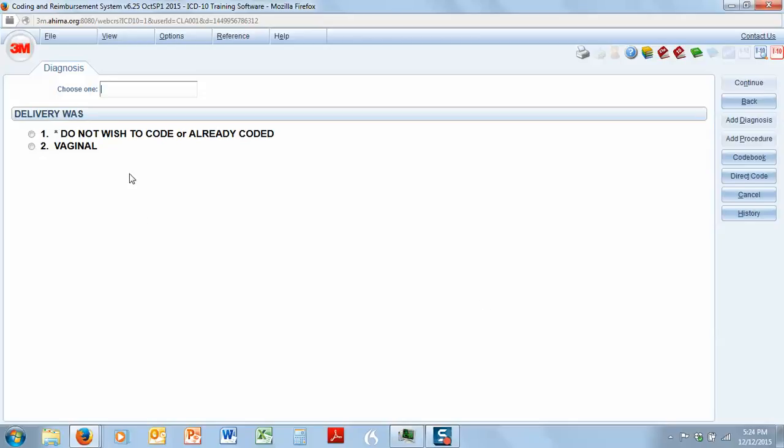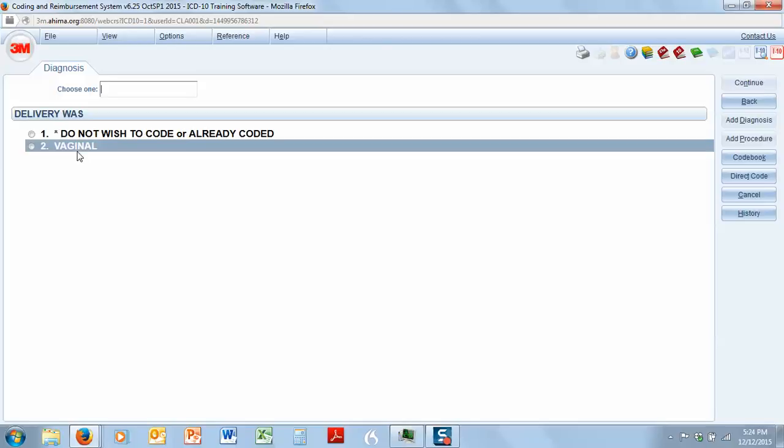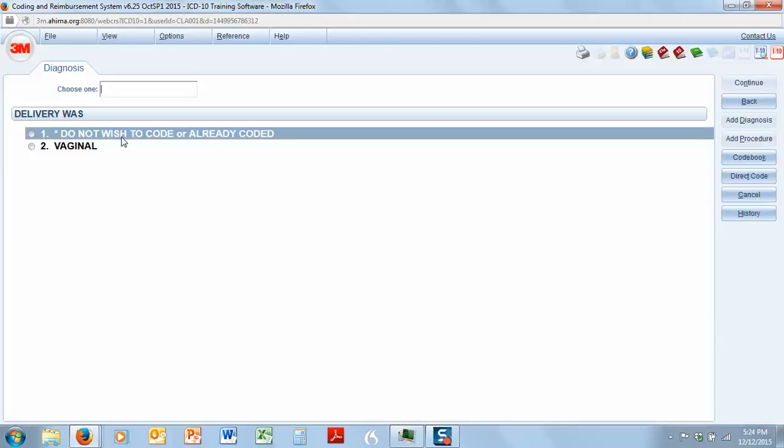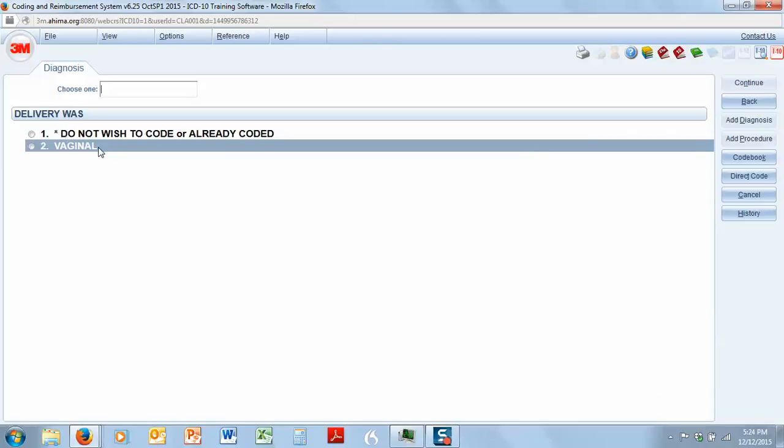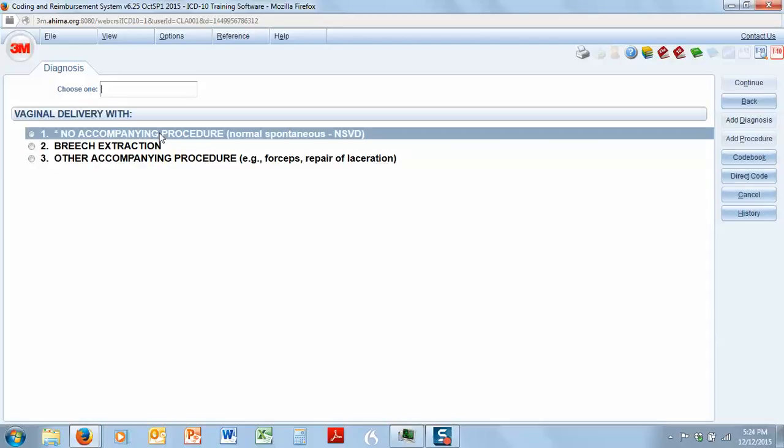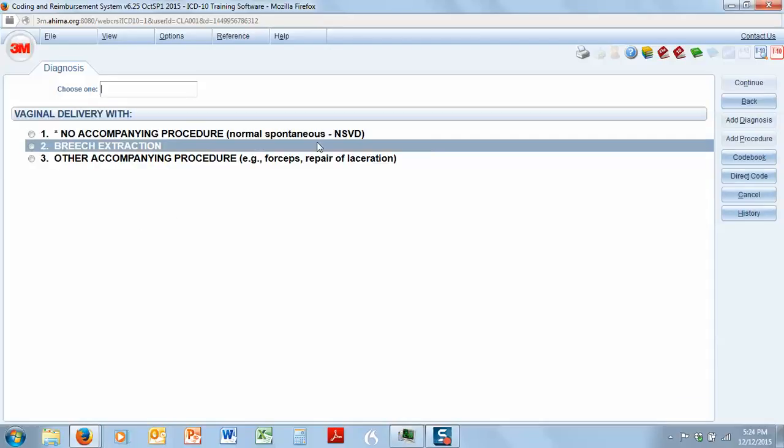Now you'll notice, because it stated in the diagnosis that we've chosen that she had a vacuum-assisted birth, you're only going to get a choice of either I don't want to code it, or it's already coded, or it was a vaginal birth, because we don't use the vacuum assistance with a C-section. So, vaginal. No accompanying procedure, which means it's normal and spontaneous.